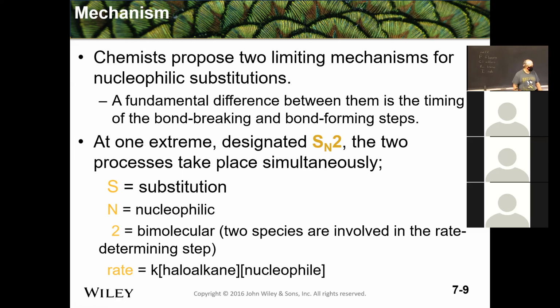So it's first order in each one of those, second order overall. If we were to use the method of initial rates, and we kept the haloalkane concentration constant and doubled the nucleophile concentration, that would double the rate. If we did it the other way, if we kept the nucleophile concentration constant and doubled the haloalkane concentration, that would double the rate. If we doubled both of them, that would quadruple the rate.